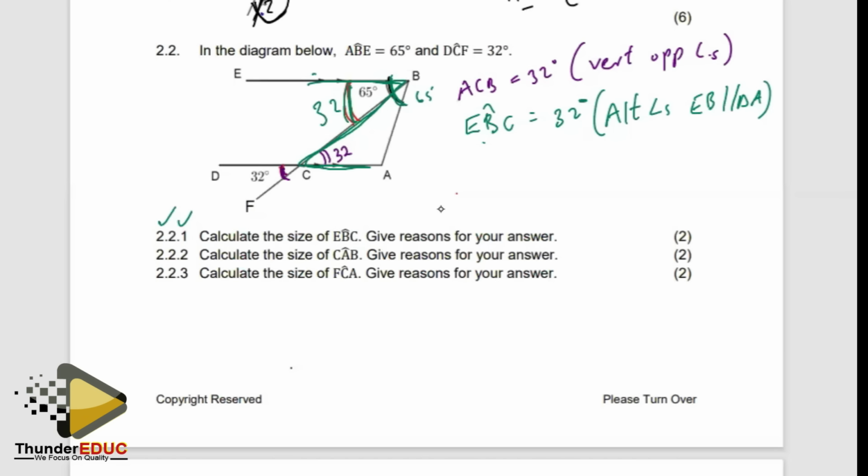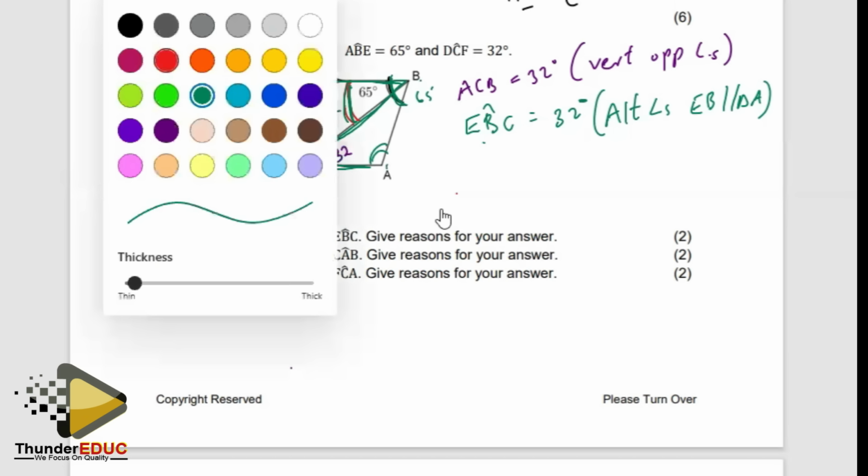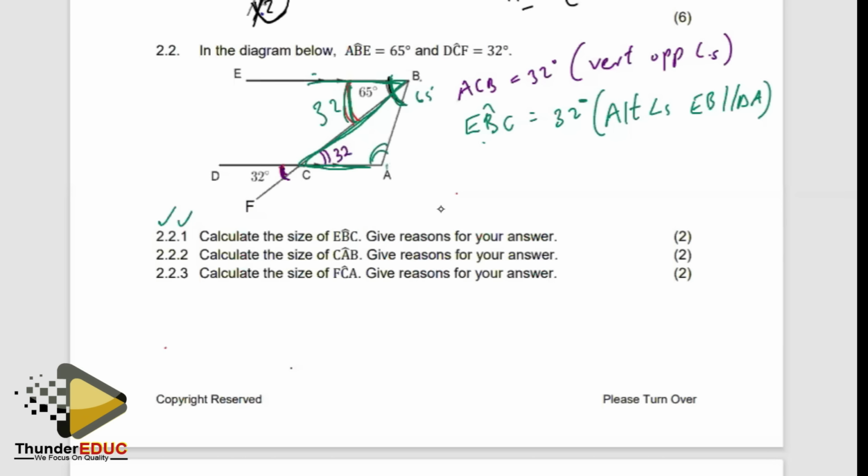2.2.2, they want the size of CAB. CAB, this angle here. So they want the angle A. So angle A, I'm going to combine it with the 65 because I know that these two will form co-interior. So A plus B must give me 180 degrees.